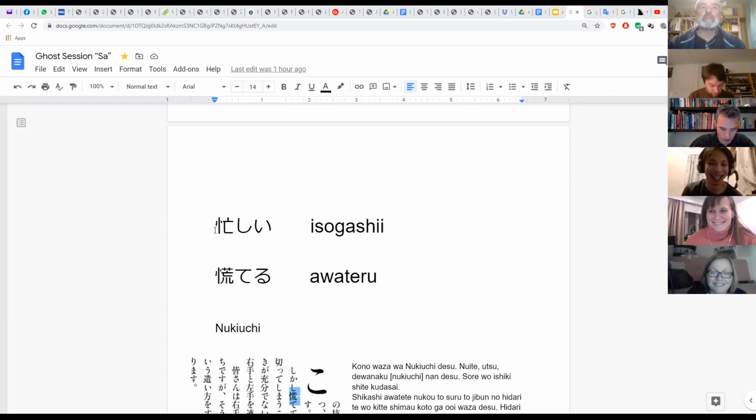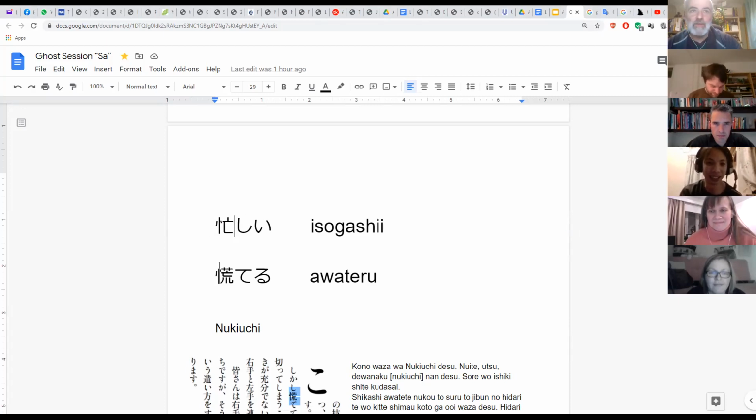This character on the left is the heart radical, isn't it? Yes, heart, in isogashi. And this rightmost part means both to die and also to forget, doesn't it? Yes, to die, it's like nakusu. So your heart dies. Yeah, your mind fails because you're so busy.